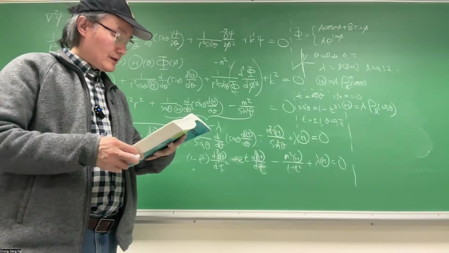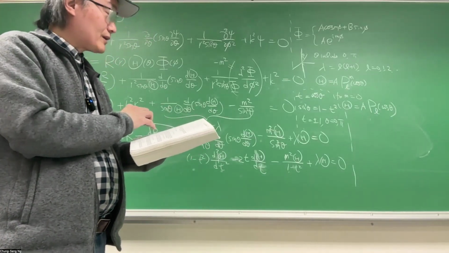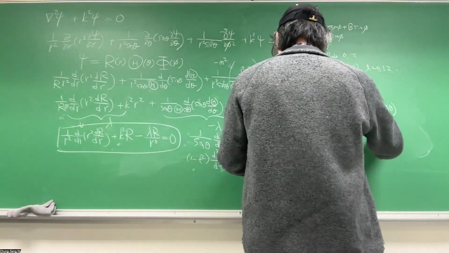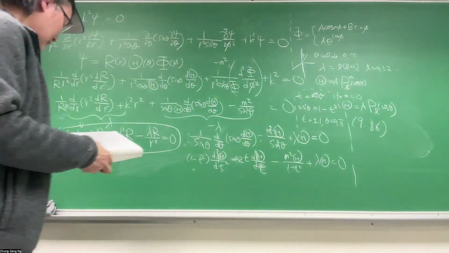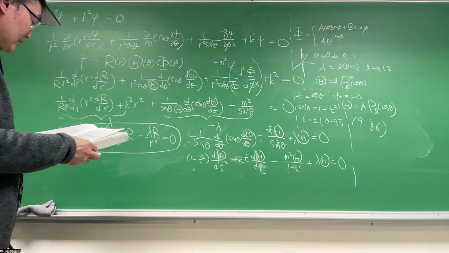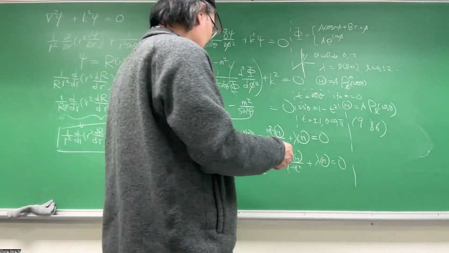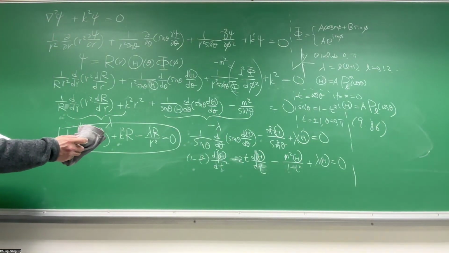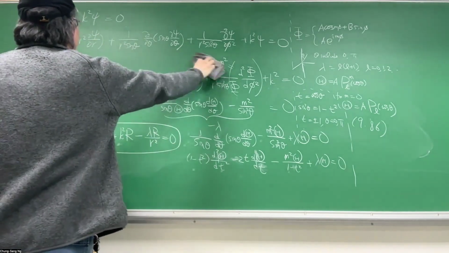So now your textbook writes down the general solution, 9.86. You have the spherical Bessel function multiplied by, let's just copy it for you to see, this line.